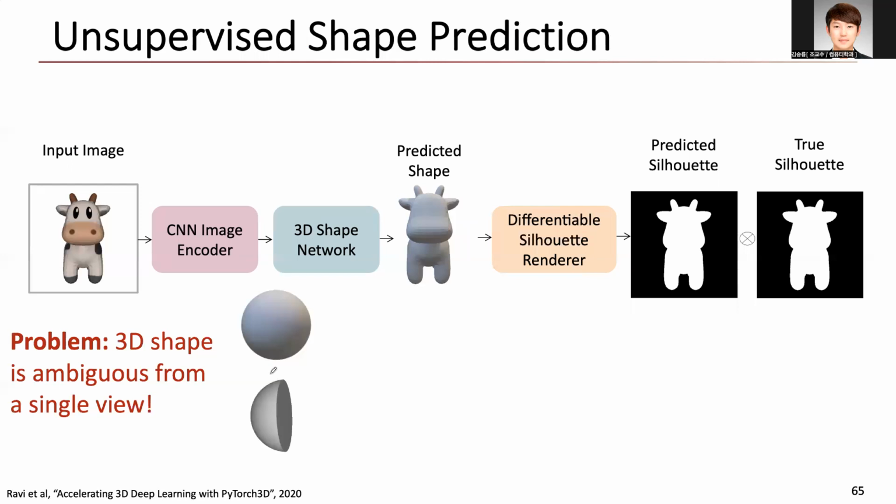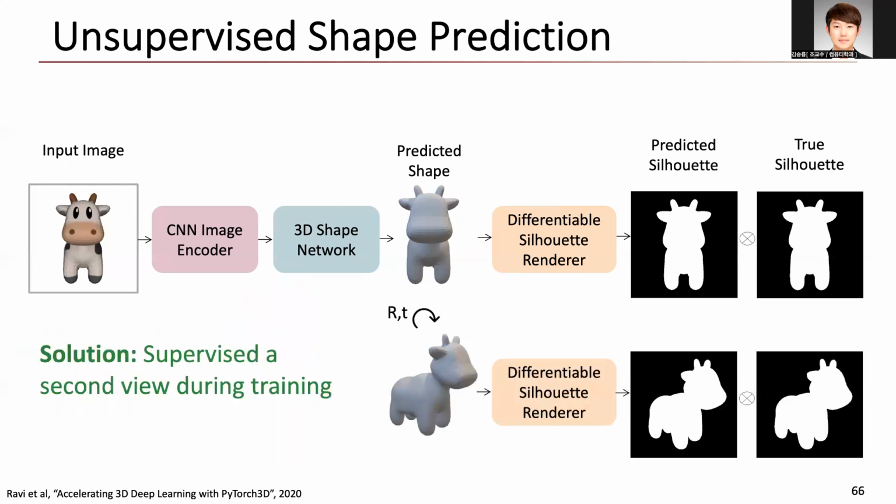For example, there are two different 3D models, but if we see the two different 3D models from this single viewpoint, these 3D models will generate the same silhouette even though they have a different 3D shape. So this is the 3D ambiguity. So how to overcome this limitation?